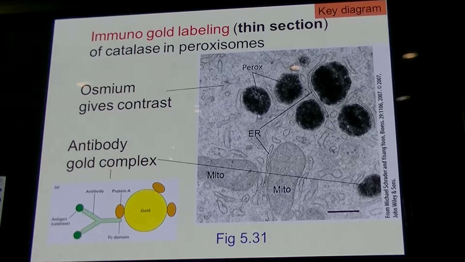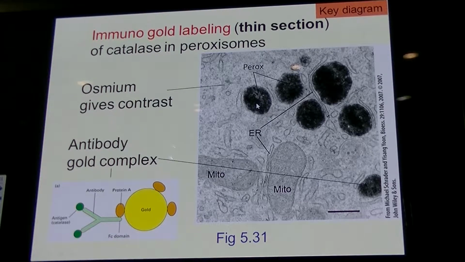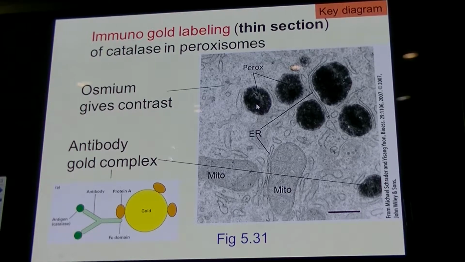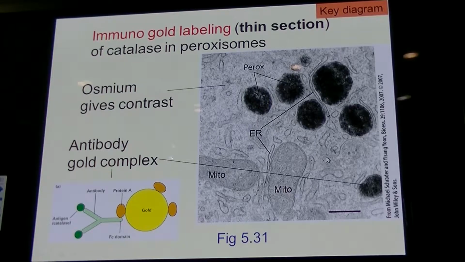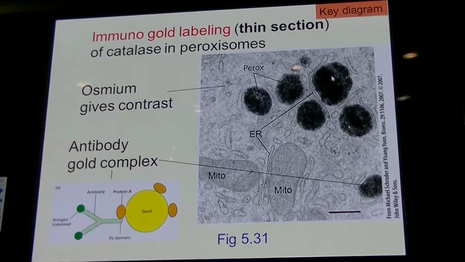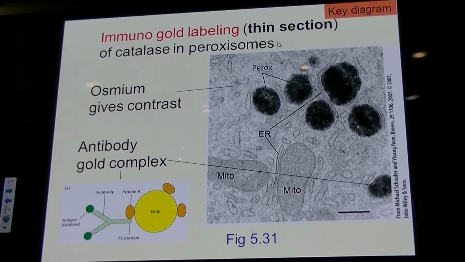So we have the immunogold labeling, as we call it, to look at the location of the specific molecule, and then the background, all the membranes are stained with a heavy metal. The heavy metals also bind to proteins and ribosomes, so we see some grainy material in here. And we also see a lot of dark stuff here in the peroxisomes. Maybe that's actually the iron-containing catalase itself that gives us some contrast there.